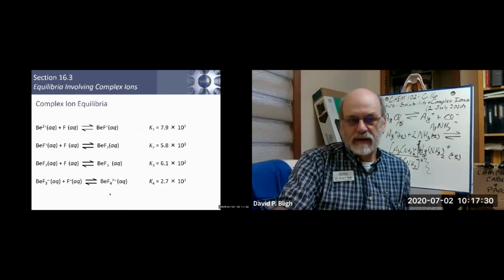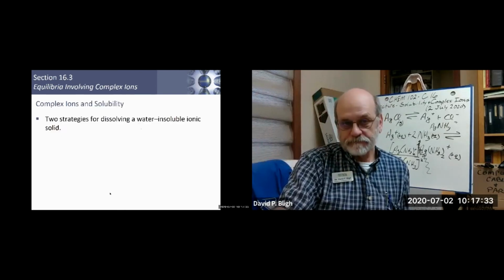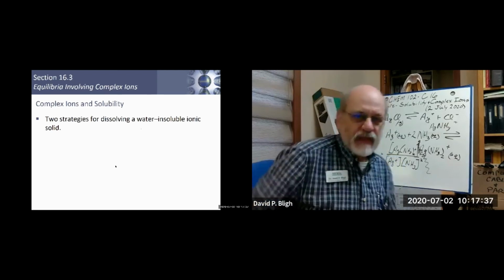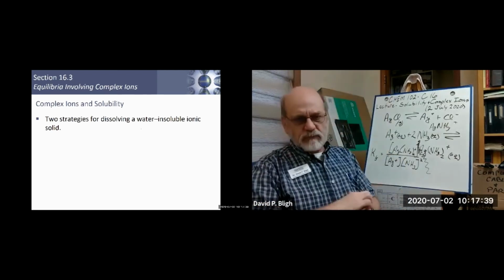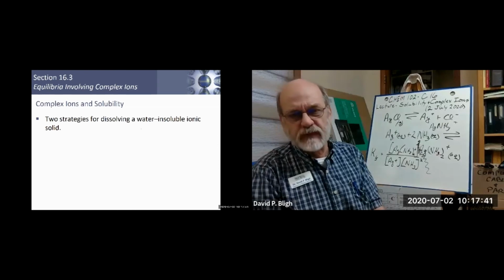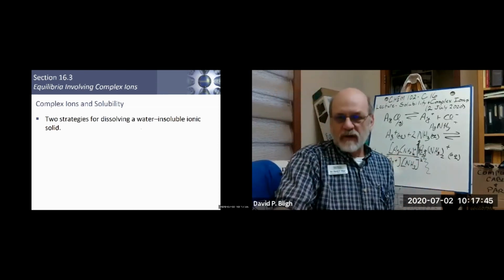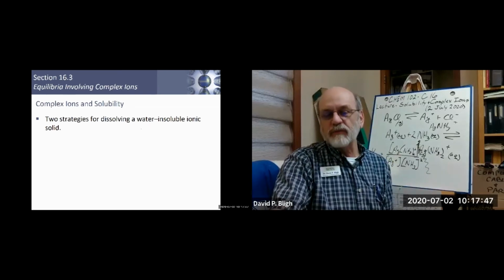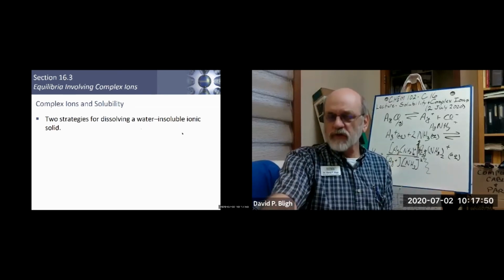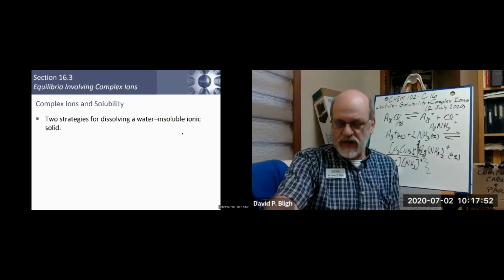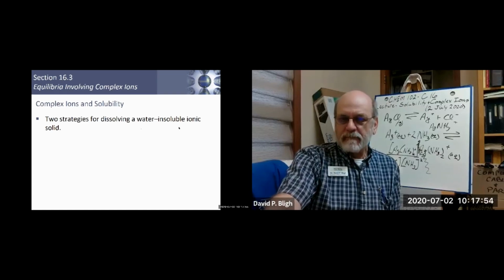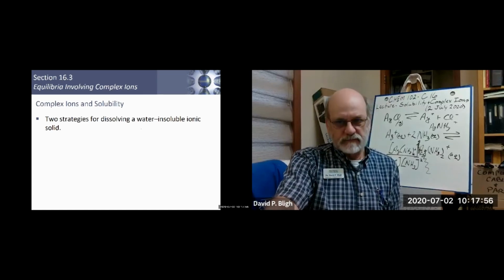Okay, that's one example. So let's say we want to dissolve a water-insoluble ionic solid. We're saying water-insoluble, we should put that in quotes, because we've learned in this chapter that everything is soluble.